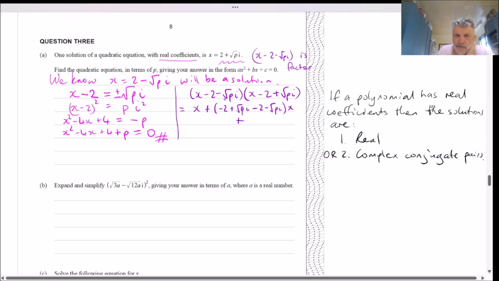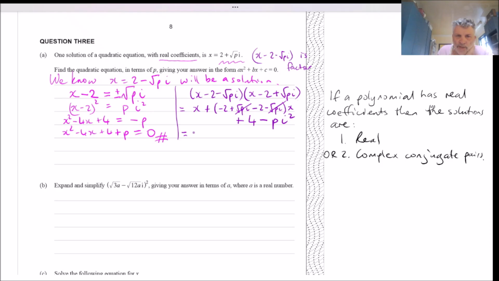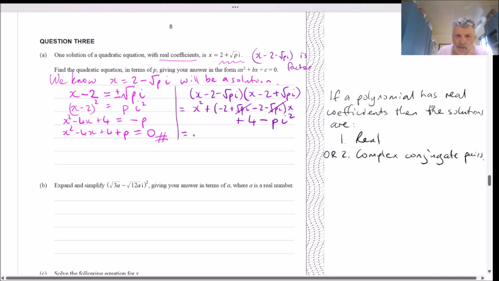Now this is effectively a difference of squares, so you get the square of the 2, and minus root p i squared. The plus root p i is going to cancel with the minus root p i here. The minus 2s are going to combine together, so we get x squared minus 4x, and then plus 4, and minus p i squared, i squared is minus 1, so you get plus p.